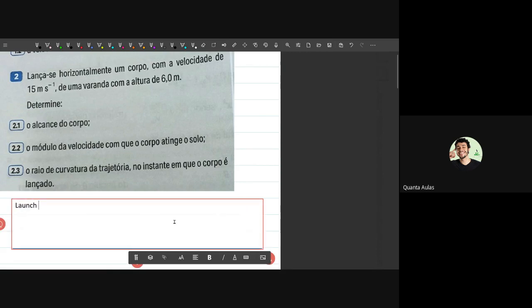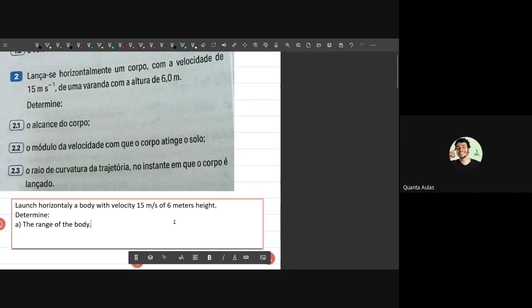Launch horizontally a body with velocity 50 meters per second from a height of 6 meters high. Determine A, the range of the body.